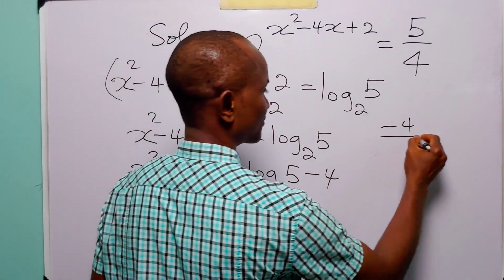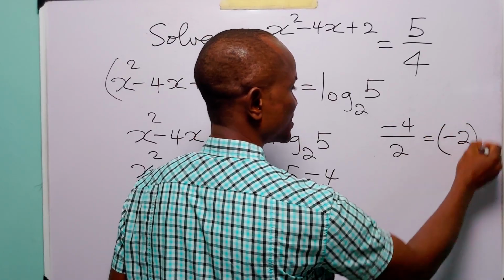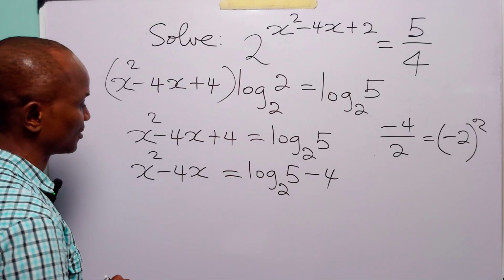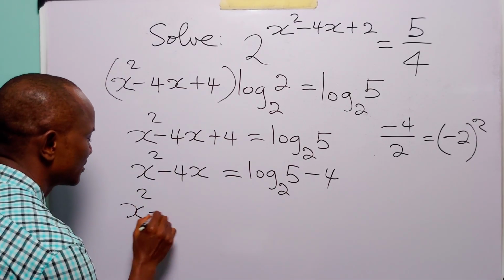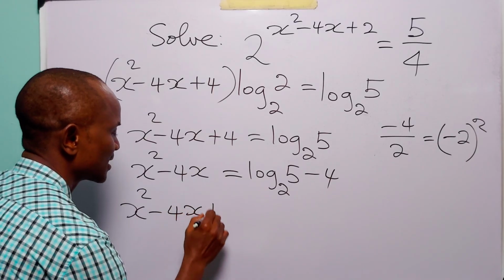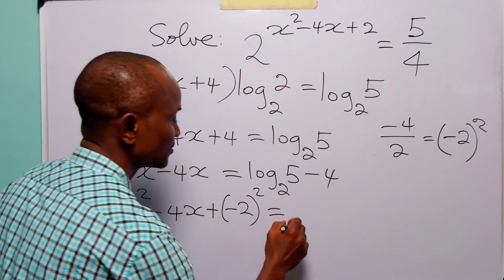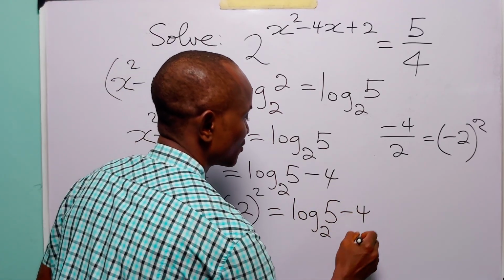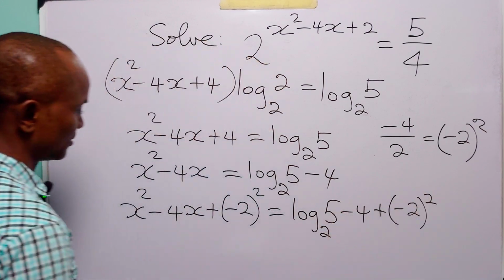Half of it is minus 2. And we square this and add it to both sides of this equation. When we do that, we have x squared minus 4x plus minus 2 squared is equal to log to base 2 of 5 minus 4 plus minus 2 squared.